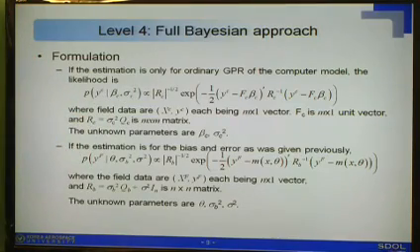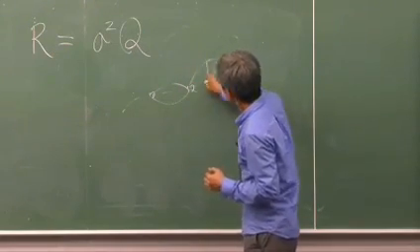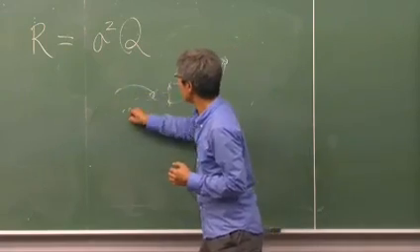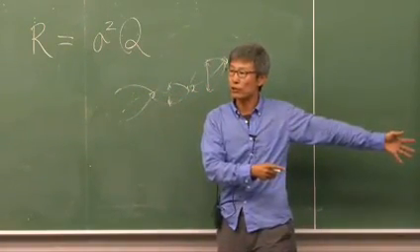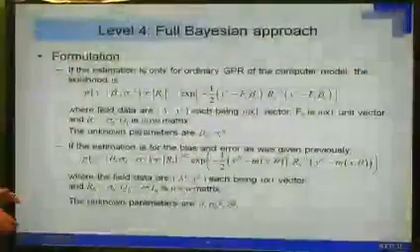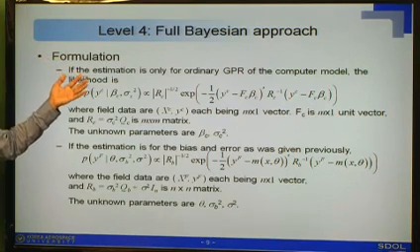You saw the figure like this. We have this kind of uncertainty. Now we will include even this uncertainty in the whole procedure, and we call this the full Bayesian approach. And I already told you that this was first addressed by Kennedy and O'Hagan back in 2001.